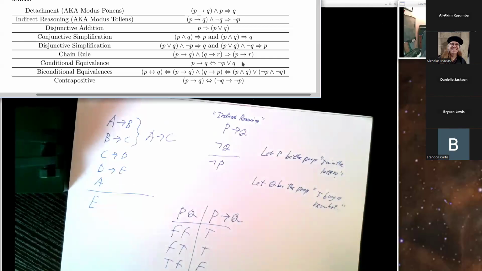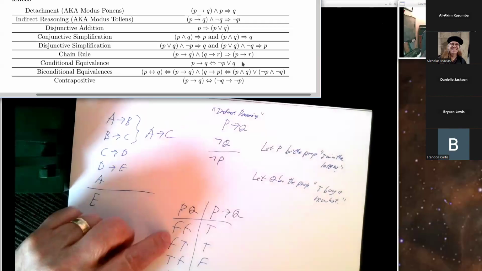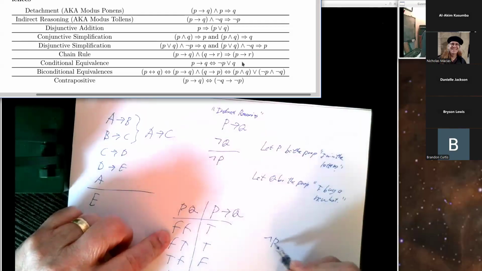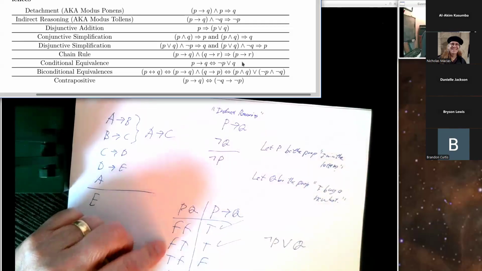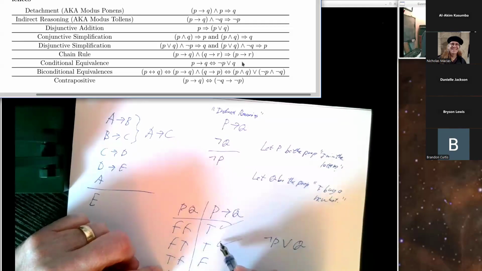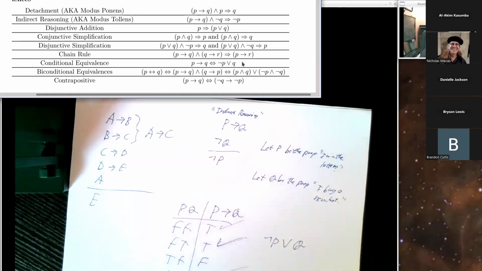So if you were to do a CSE 250 K-map on this, you would be able to reduce this to a simplified sum of products, which would be either not P or Q, right? Either P has to be false, that takes care of those two, or Q has to be true, which takes care of those two. So P implies Q is equivalent to not P or Q.